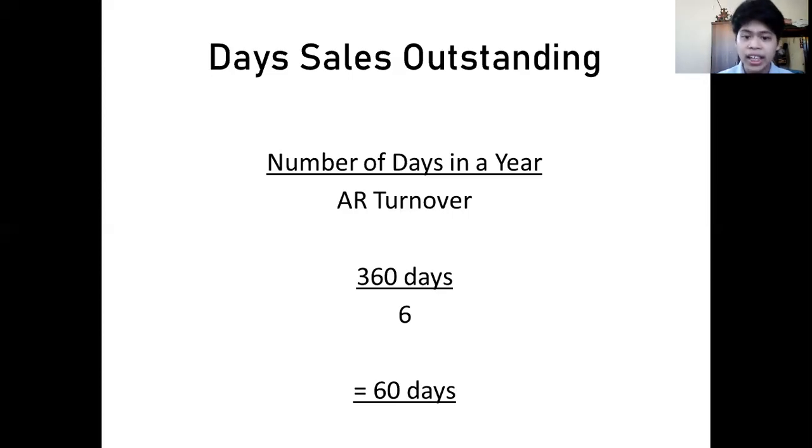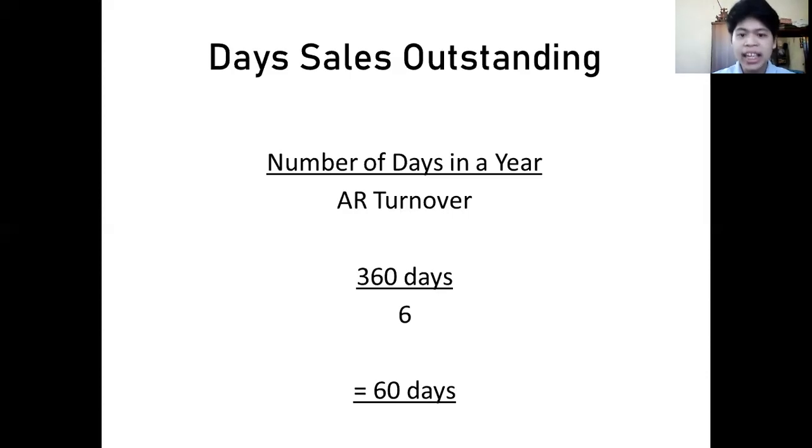So the point here is, mas gusto natin, the shorter, the better. Kasi kung, let's say, 10 days lang to, so it means na from credit sale to collection, it will only take you 10 days. Okay. So ano ba ang conclusion? The higher the AR turnover, the better. At ano yung effect kung mas malaki ang accounts receivable turnover natin?